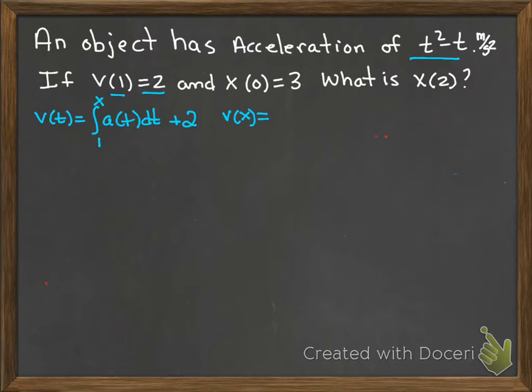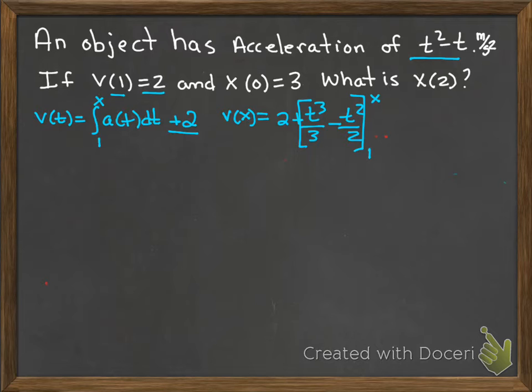It will be this starting velocity of 2, plus the antiderivative of t squared, which is t cubed over 3, minus t squared over 2, and this needs to be evaluated from our starting value of 1 to our final time of x.